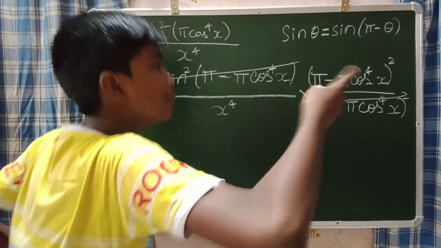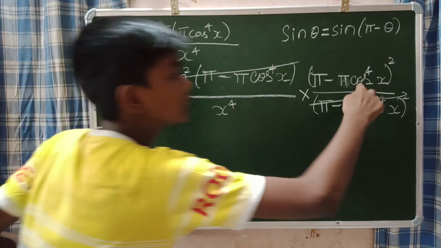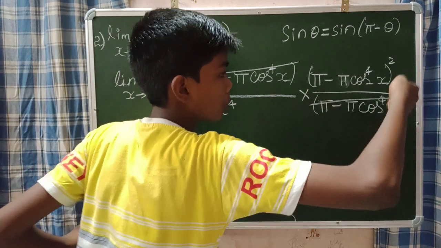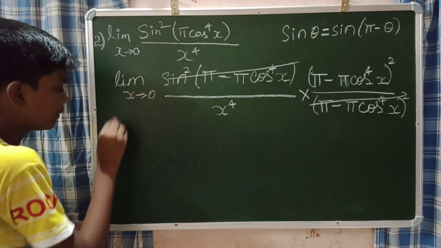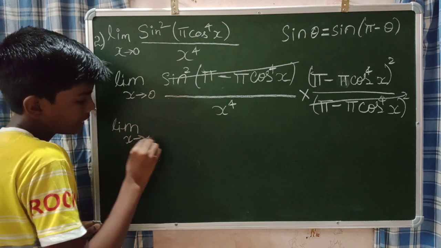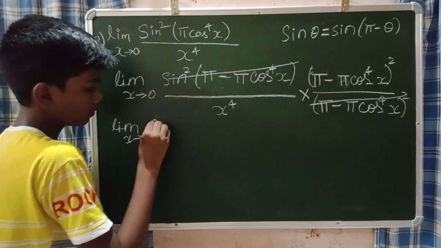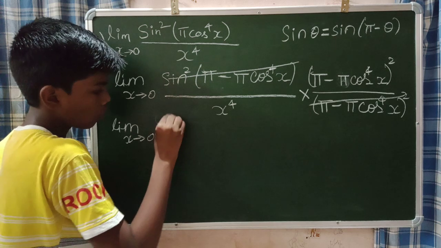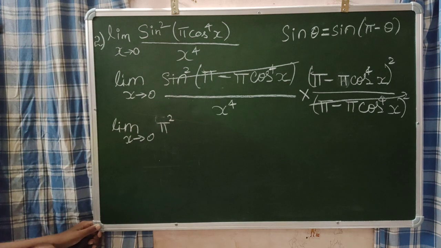How am I going to write this? In this expression, that means pi minus pi cos to the power of 4x whole square, I am going to take pi square common.